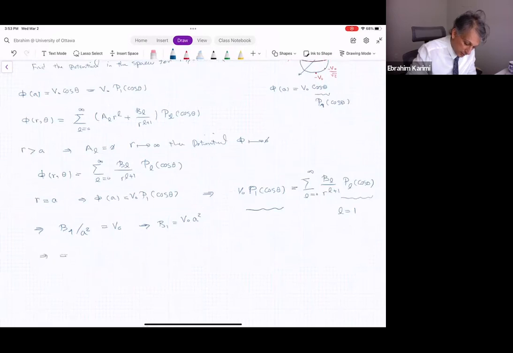Therefore, the potential that we are expecting for the outer region is V0 a squared divided by r to the power of 2 times cosine of theta.